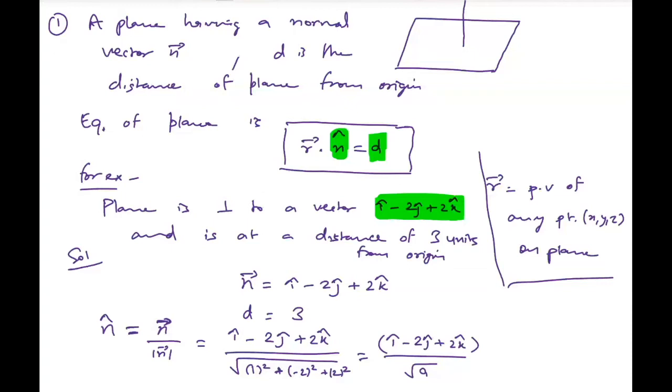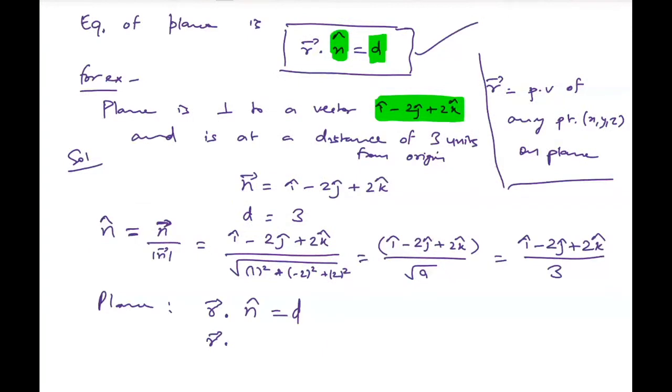Now we have to use this formula for the equation of plane. Whenever we write the equation of plane in vector form, we write r vector as it is. So r vector will remain r vector only, and this is n cap.